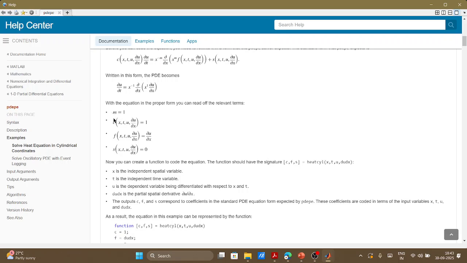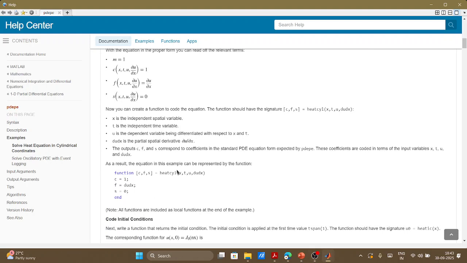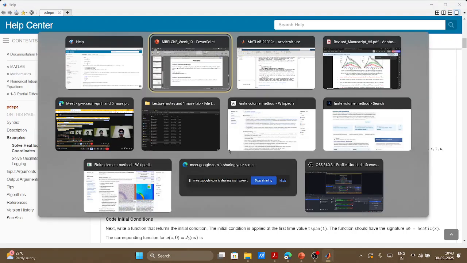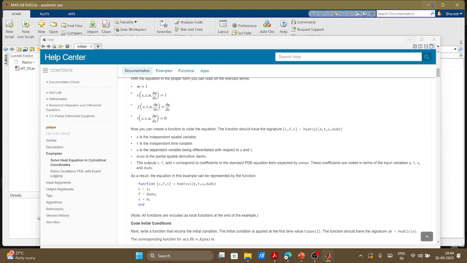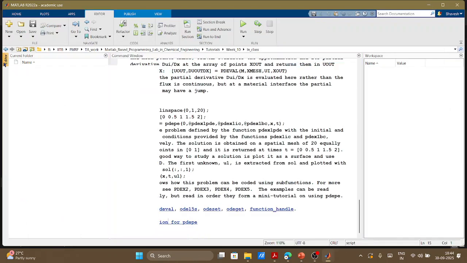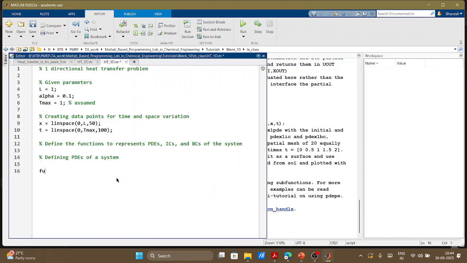So following the same analogy, let me create a function which returns the c, f and s parameters in MATLAB. I will write heat transfer one dimensional PDE.